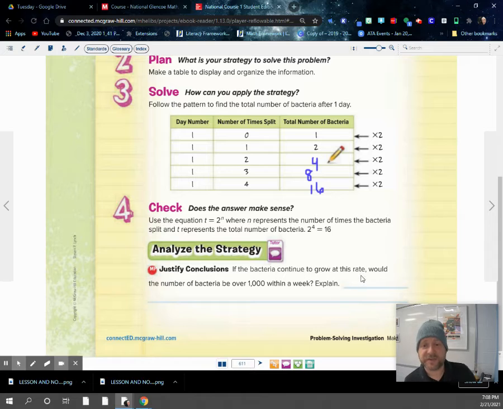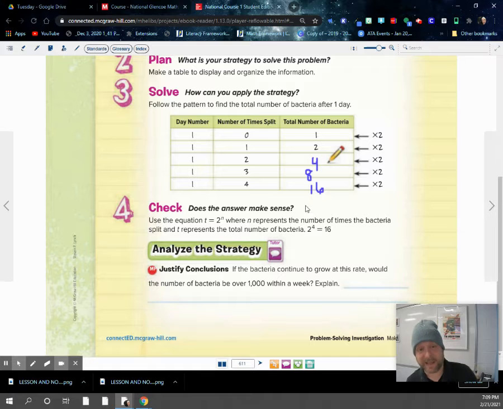If the bacteria continues to grow at this rate, would the number of bacteria be over 1,000 in a week? Well, this I would just have to figure out and keep moving up through my exponents.